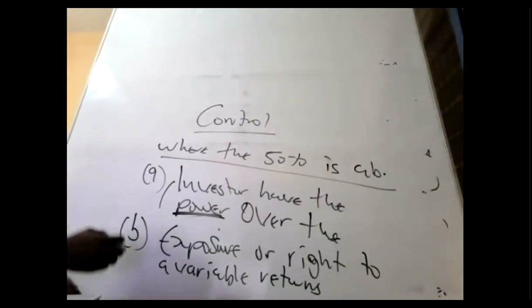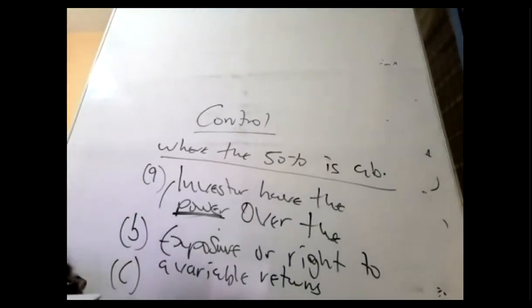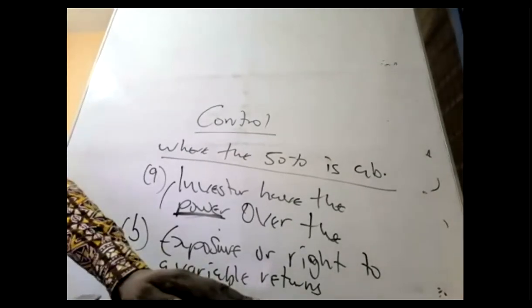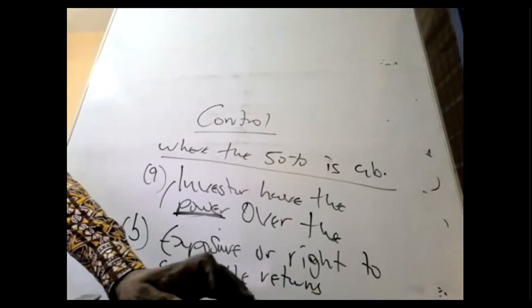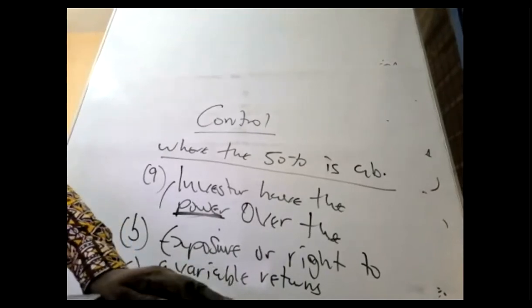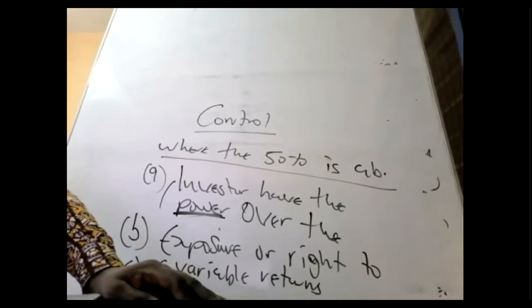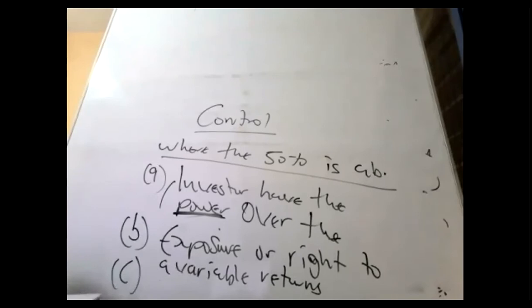Now, the last section, then we move on. It is the ability to use the power over the investee to affect the amount of the investors' return. Sometimes investors have power.